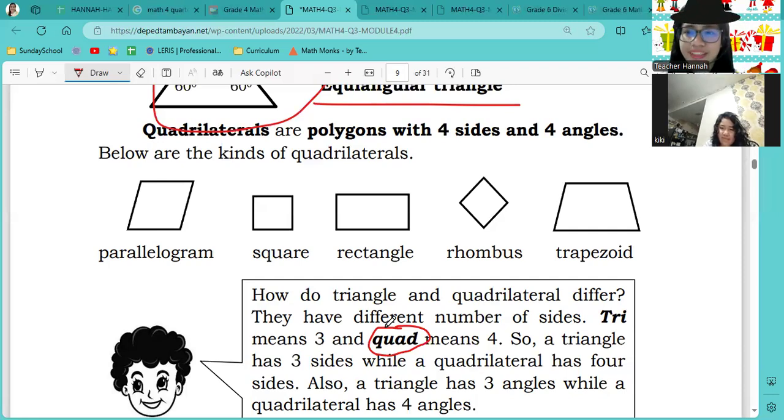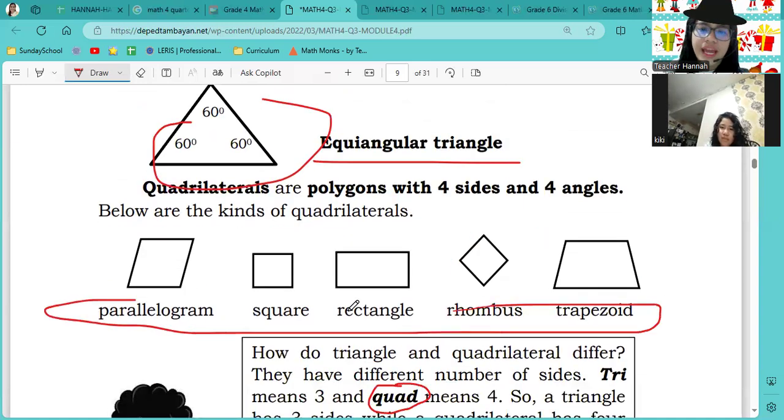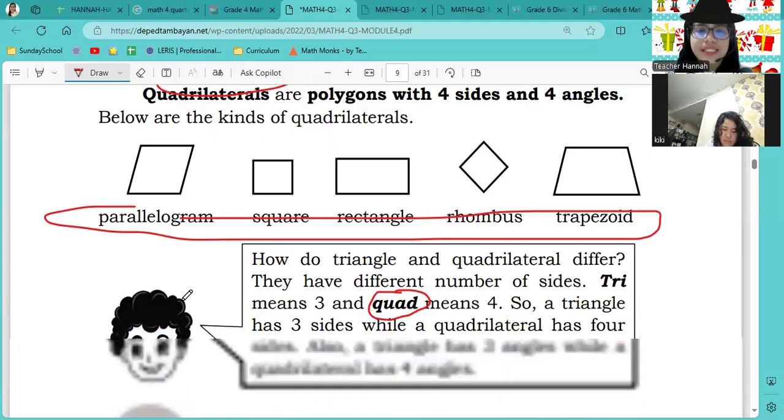How many is tri? 3. How many is quad? 4. Very good. So these are the different kinds of quadrilaterals. Are they polygons? Yes. When we say polygons, they are shapes that have many sides.